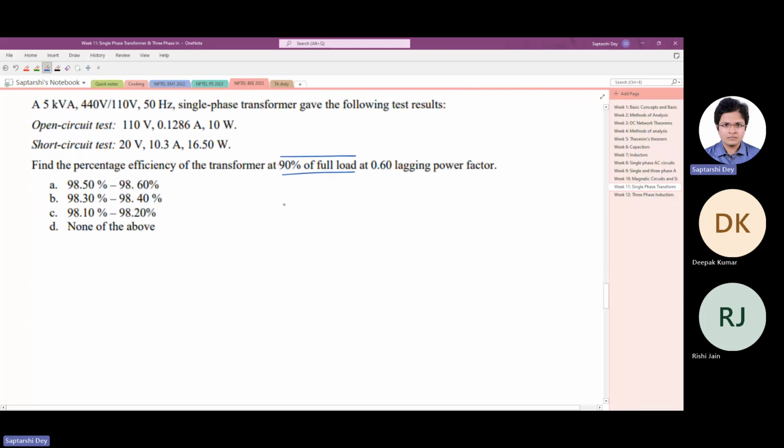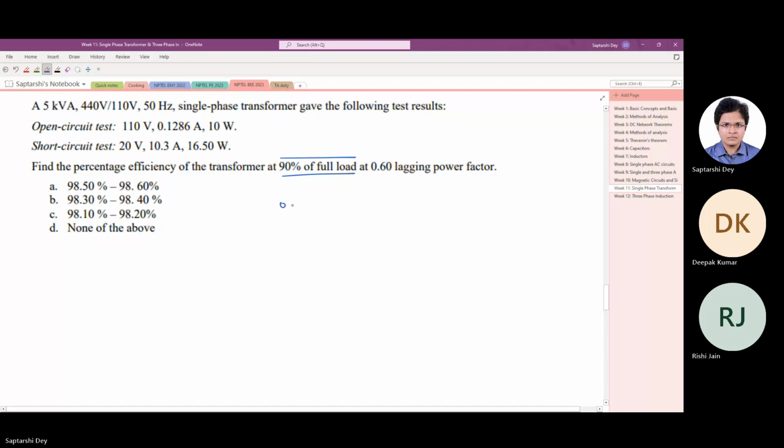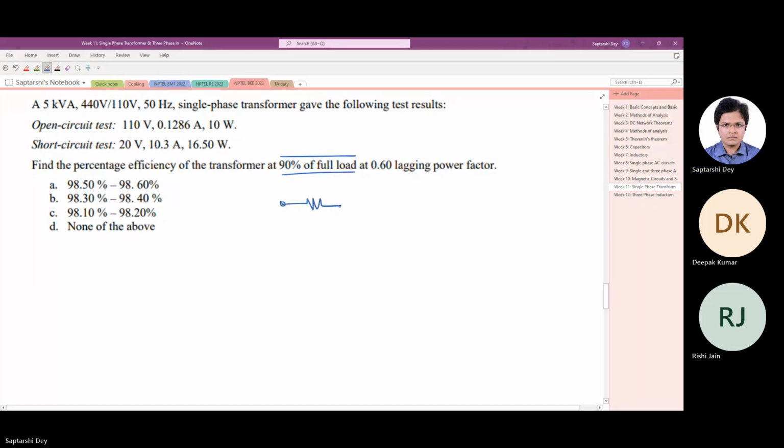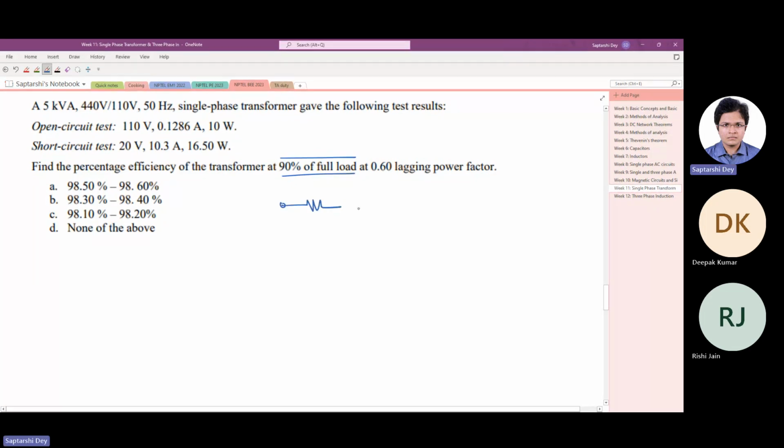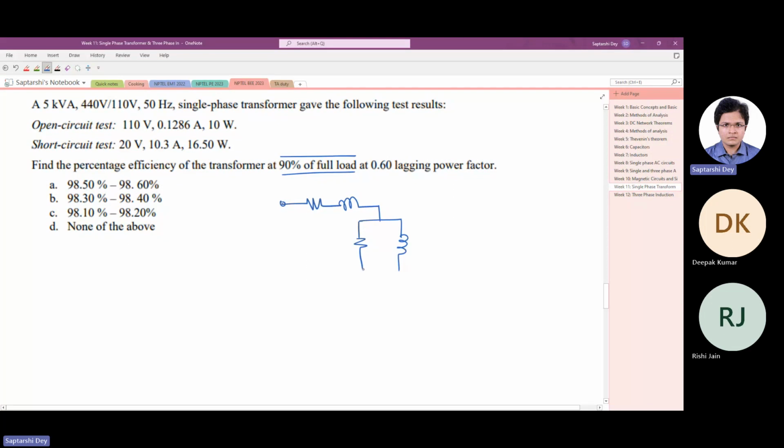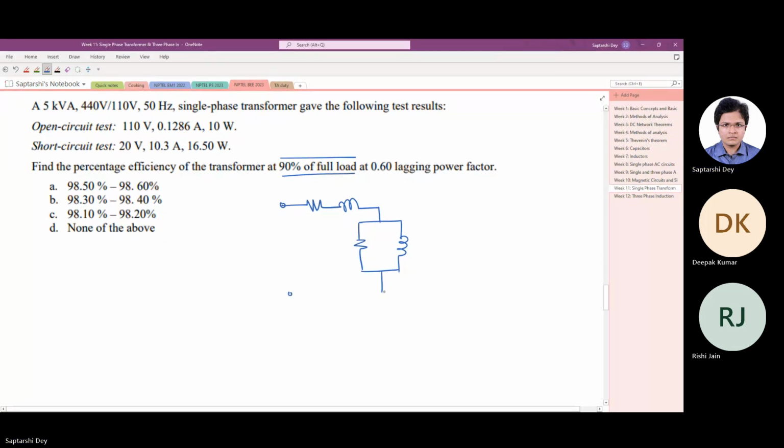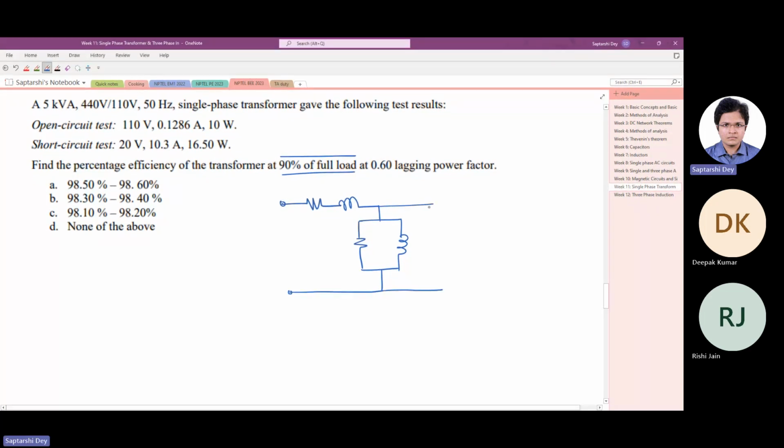I will draw the equivalent circuit from the high voltage end. We found out the magnetizing branch impedances from the low voltage end, but we need not transfer them because at the end all we have to find out is the loss.